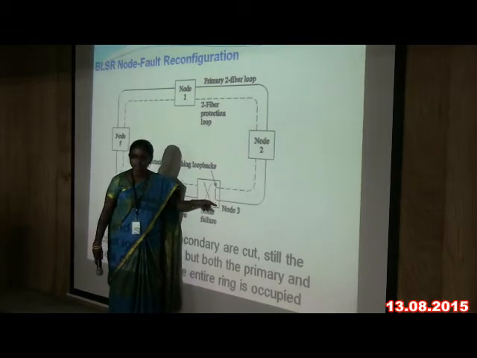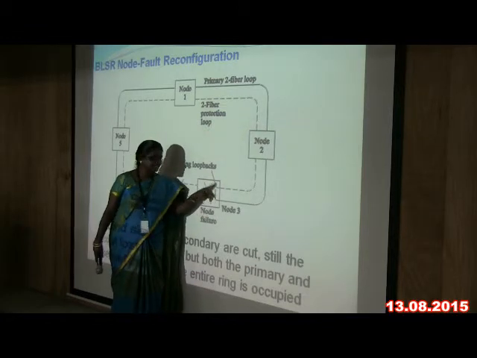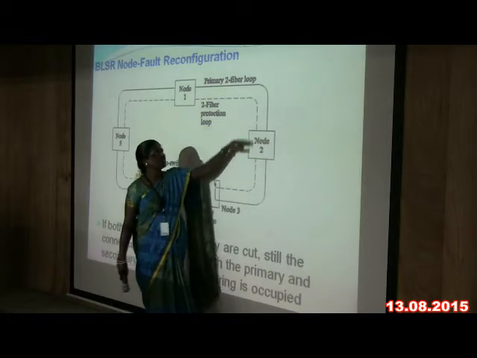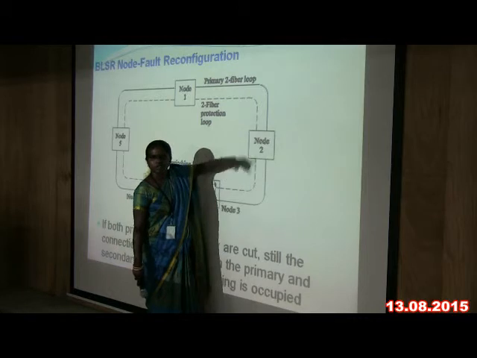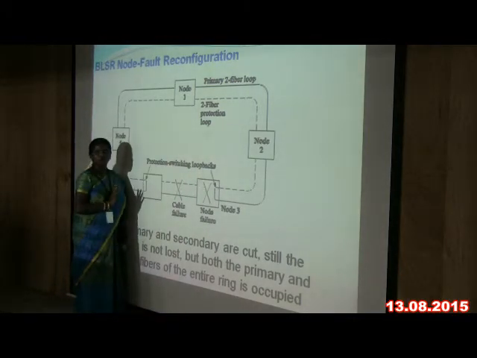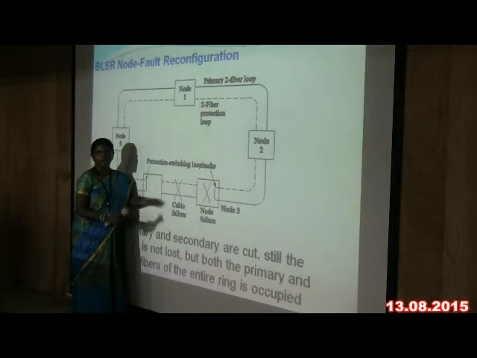It receives the data from the transmitter and sends that data to the receiver present in node 3. That receiver receives that data and then transmits to the secondary path. Okay. If suppose we are transmitting from node 1 to node 4, how will it occur?